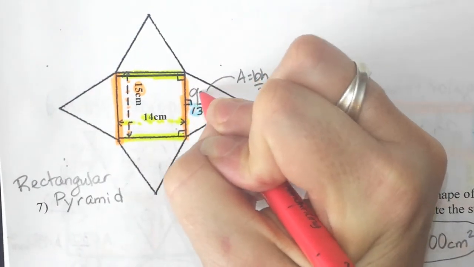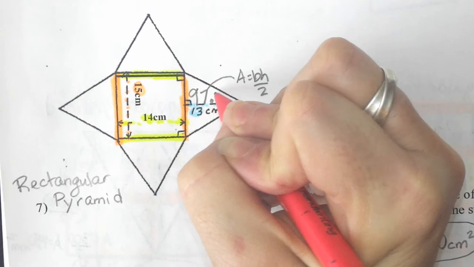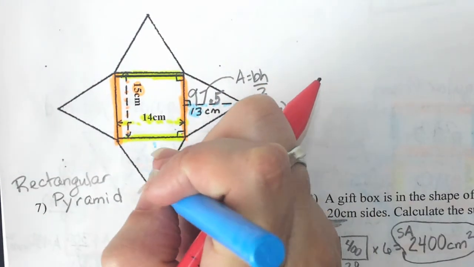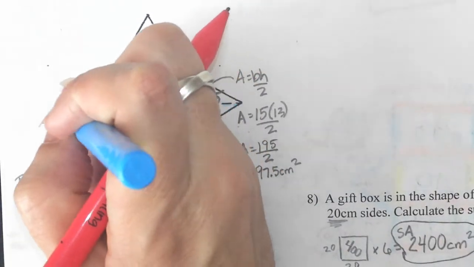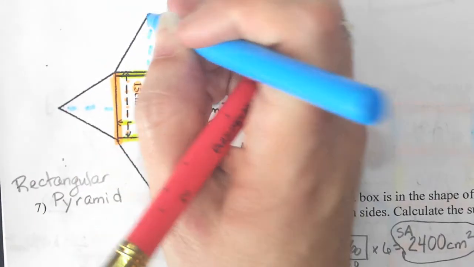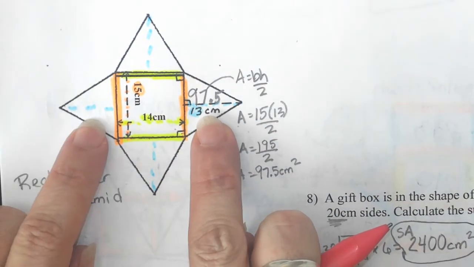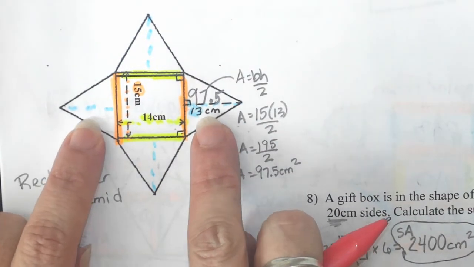Meaning, this one, 97.5. Now, all of these would have the same blue line, right? So do y'all see if that one's 97.5? That one's 97.5.